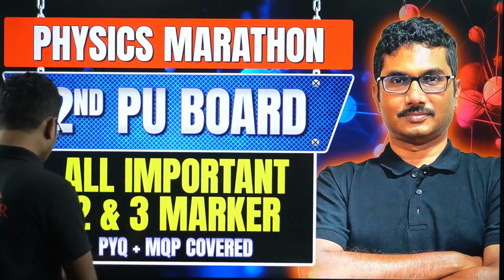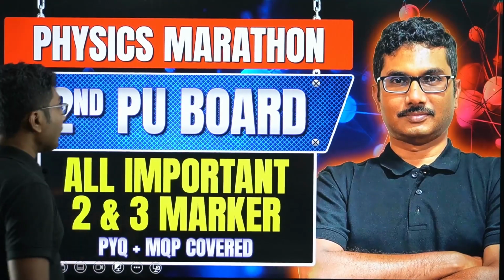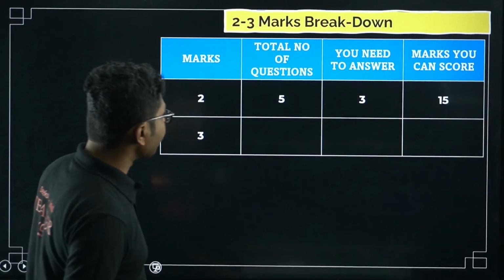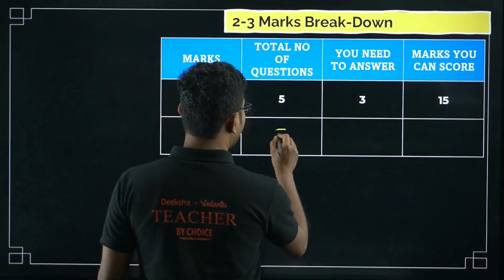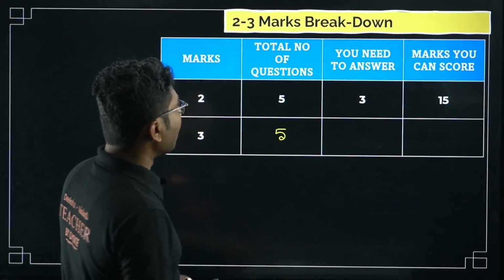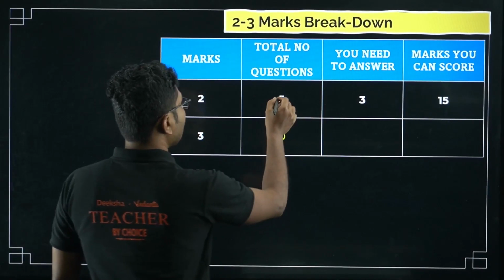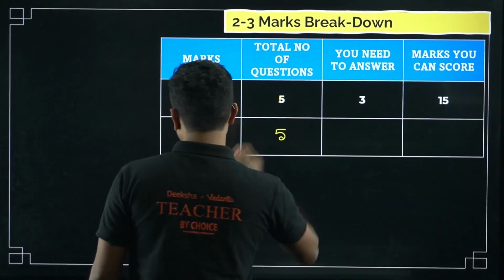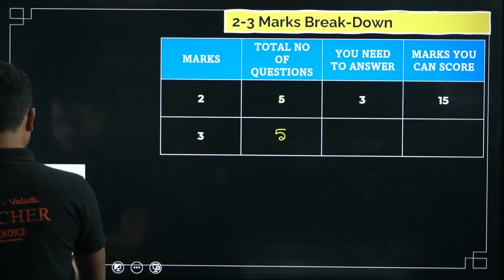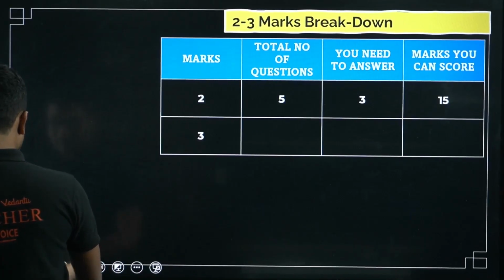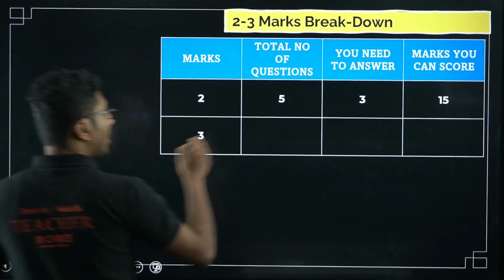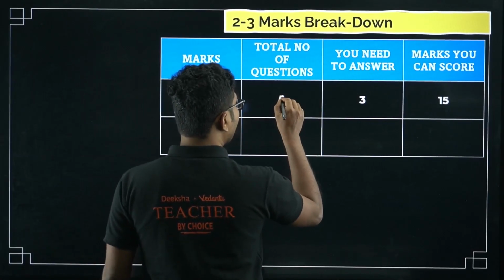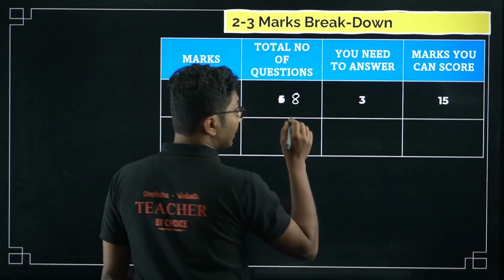Now let us start with the initial paper distribution. How many questions are there? There is some mistake over here. So total number of questions in the 2 marker section is basically 8.